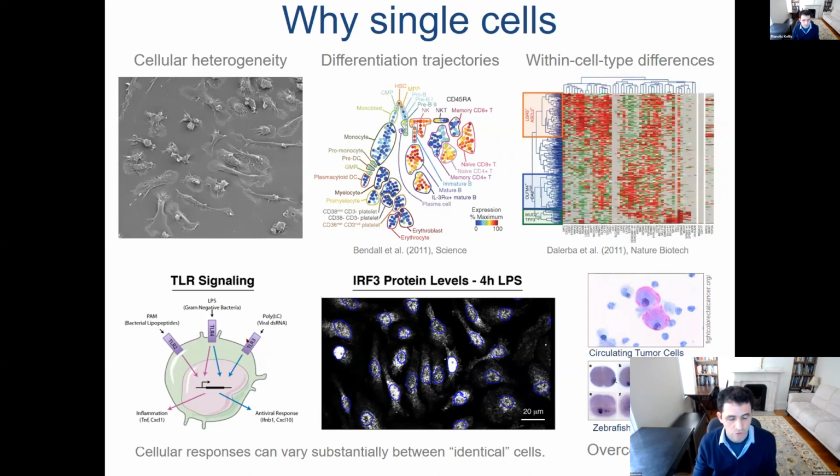Signaling can differ dramatically because of the expression of the signaling receptors that every cell expresses on its surface, but also because of the gradients of signaling molecules and their accessibility to every individual cell. If you look under the microscope at individual cells and how they're expressing particular receptors or factors or response elements, you see great variability.